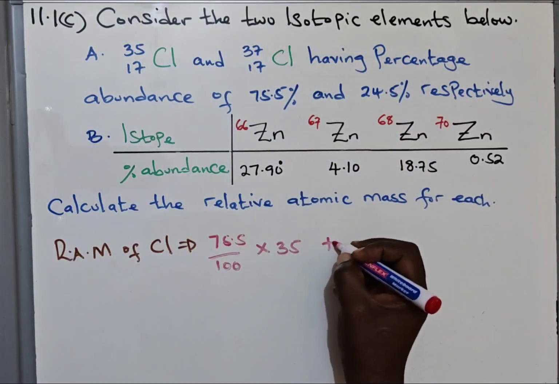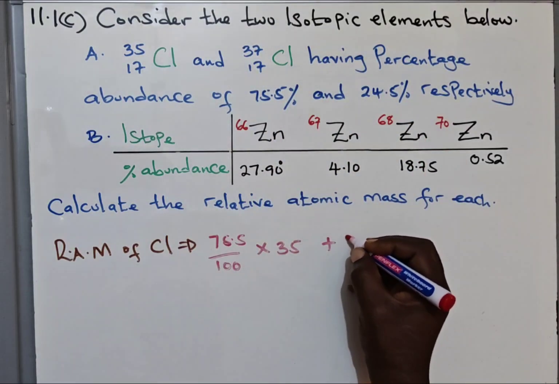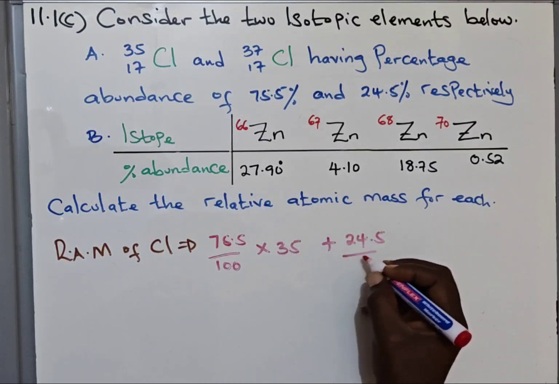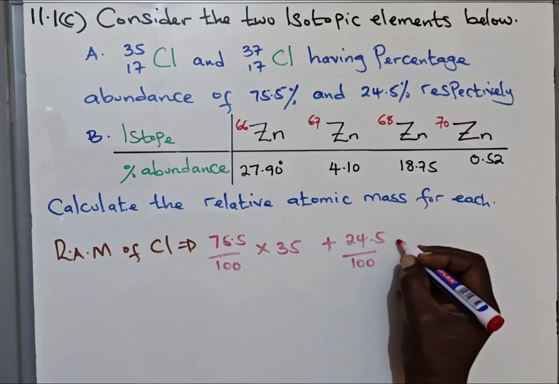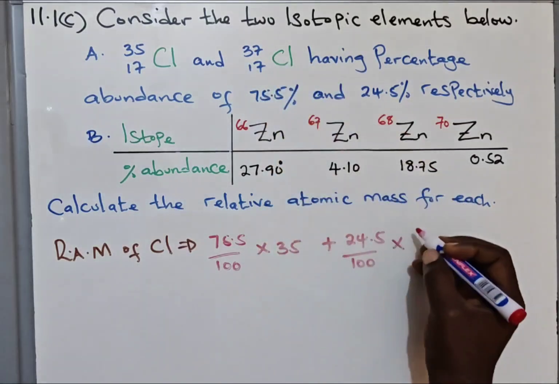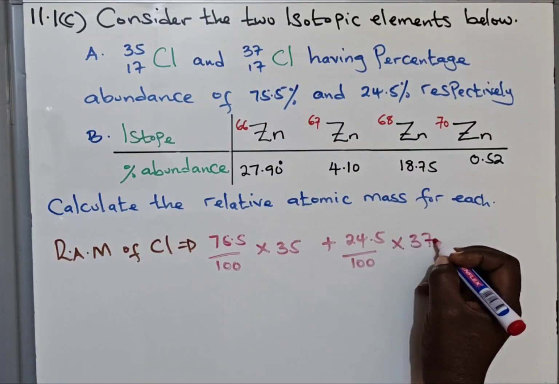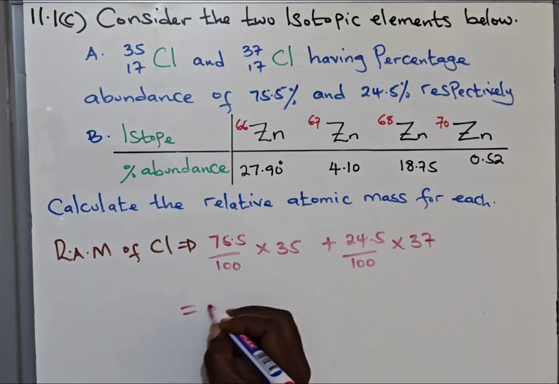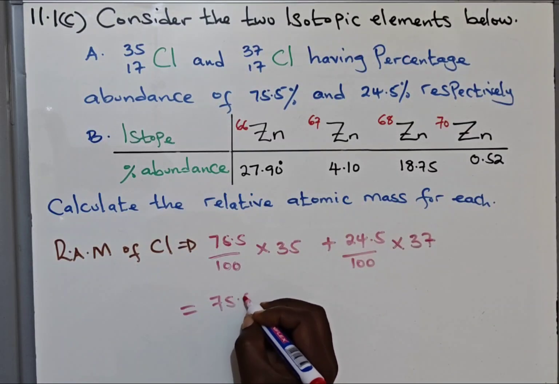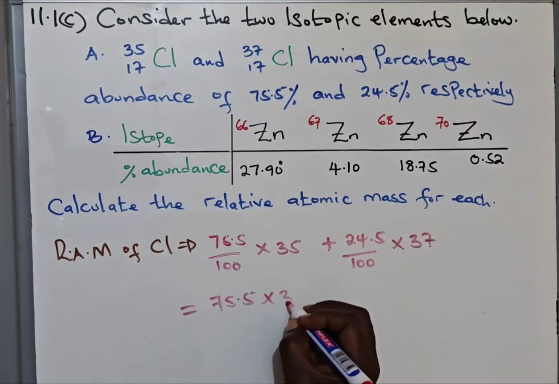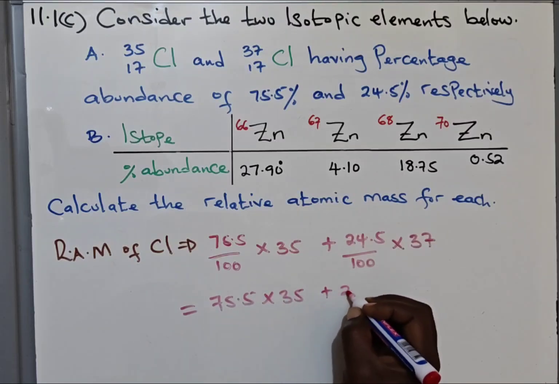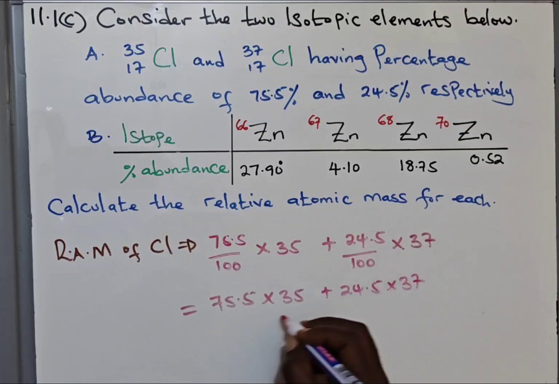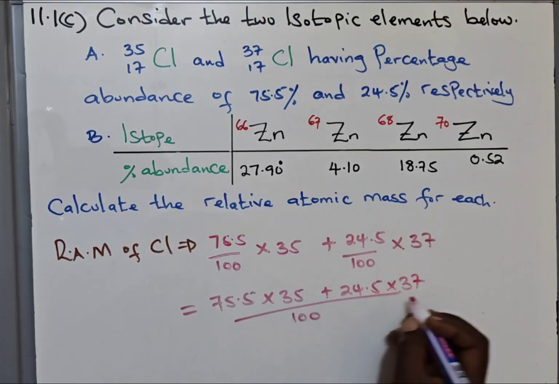Then plus 24.5 over 100 times 37. This is what people summarize as 75.5 times 35 plus 24.5 times 37, all over 100.